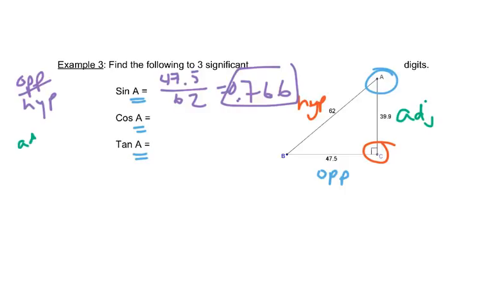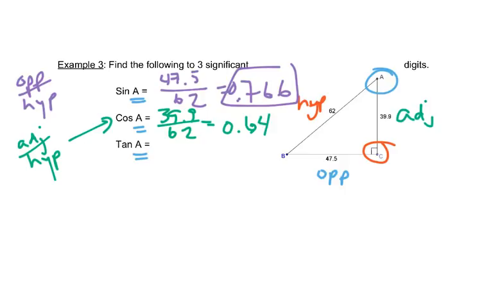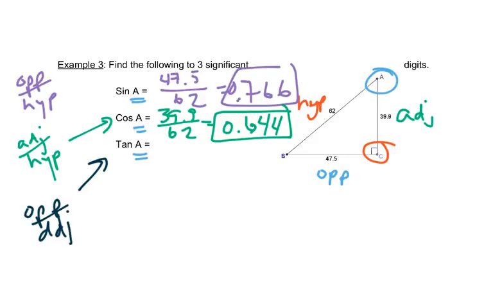Cosine, remember, is adjacent over hypotenuse. So adjacent is 39.9, hypotenuse is 62. Do that division, and I get 0.643, and then the next number is a 5, so the 3 would round to a 4. And then finally, tangent is opposite over adjacent.